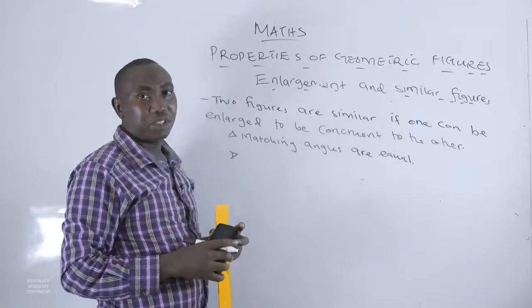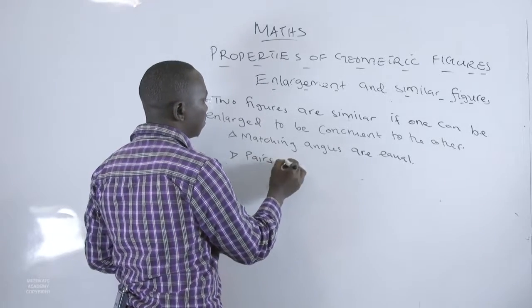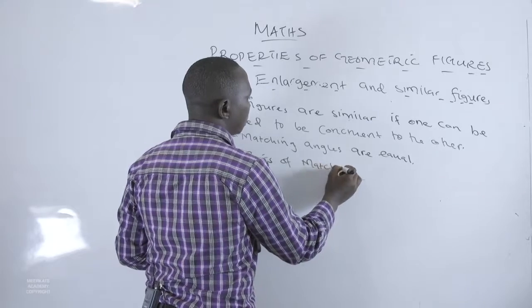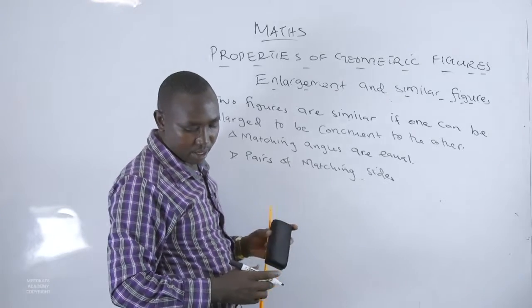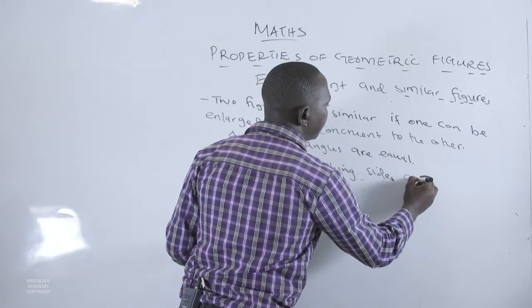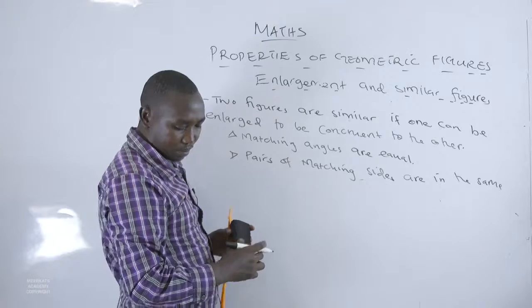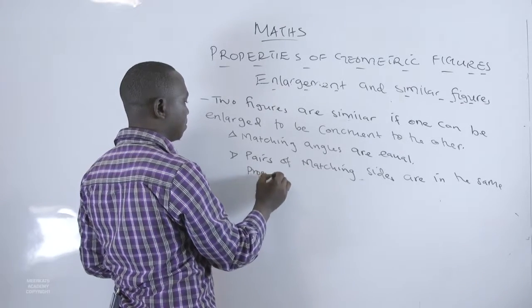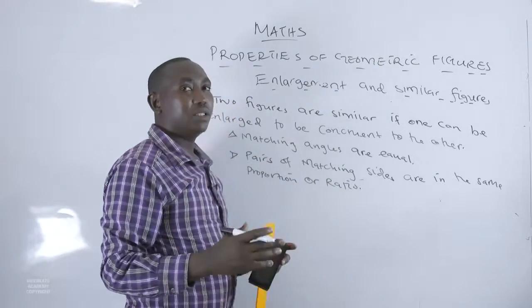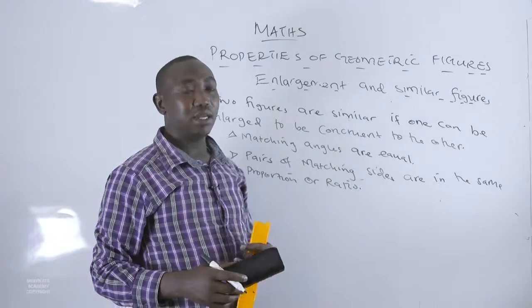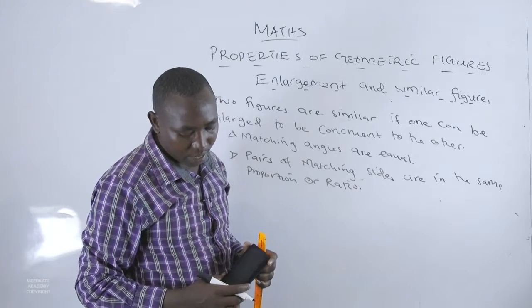Two, we talked about the aspect of the sides, and we say that pairs of matching sides are in the same proportion, or simply the same ratio.